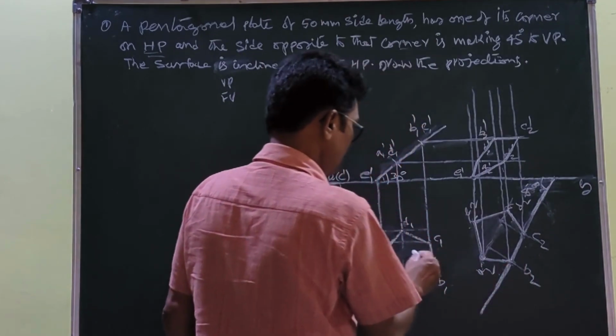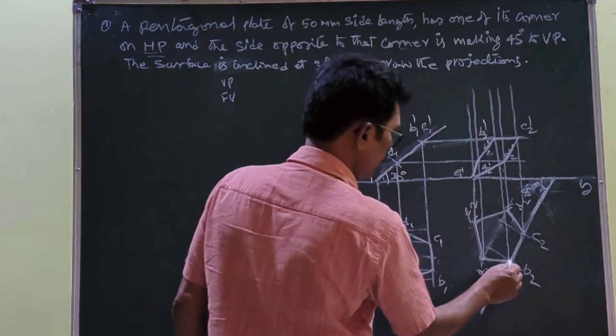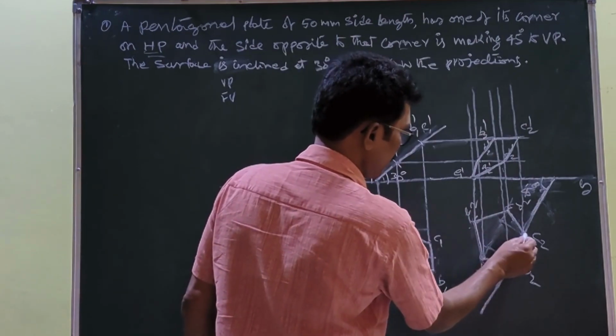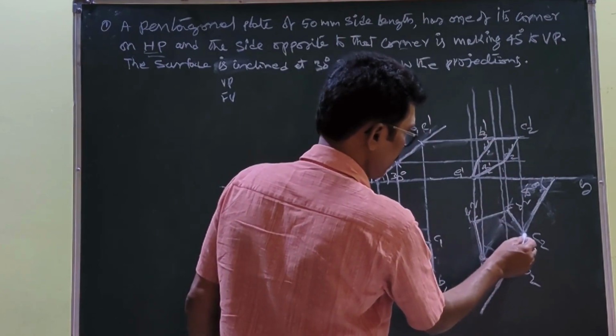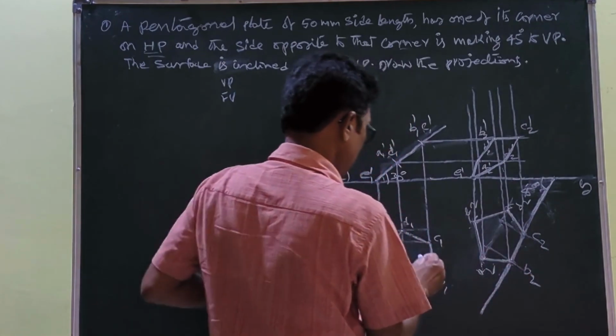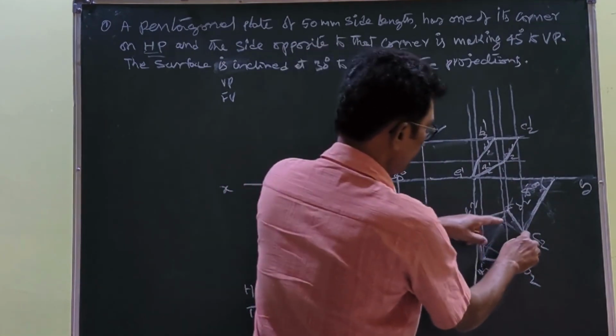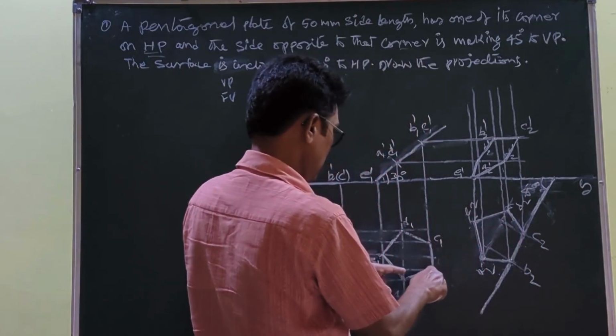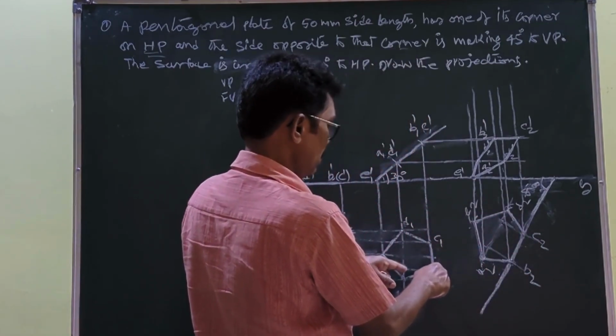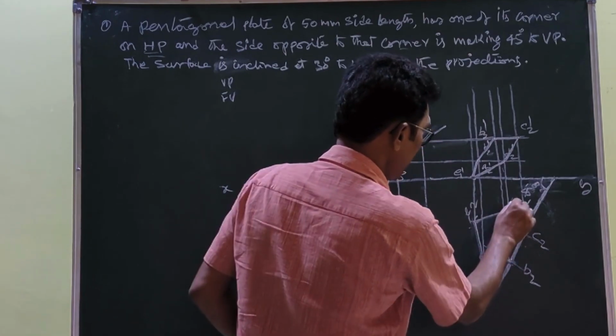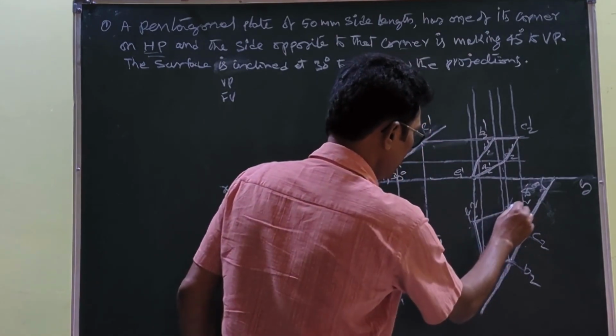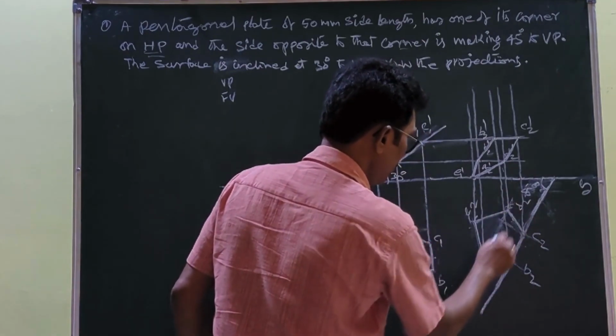From B2 you have to construct this part. At B2 you draw the perpendicular to this line. Here on C2 you draw a perpendicular to this line. Then you measure this one, you cut it here, measure this one, you cut it here. Then you draw a line passing through these 2 points.